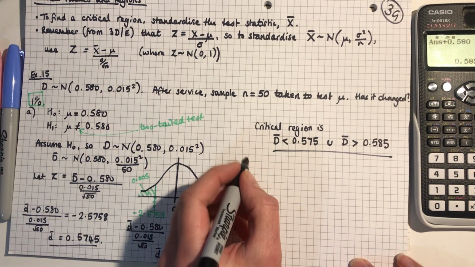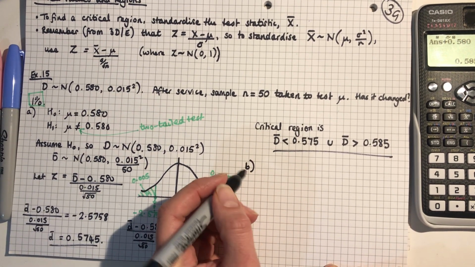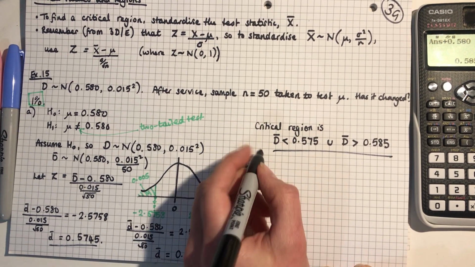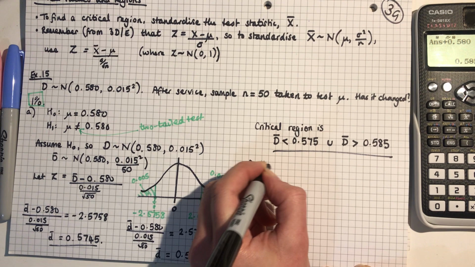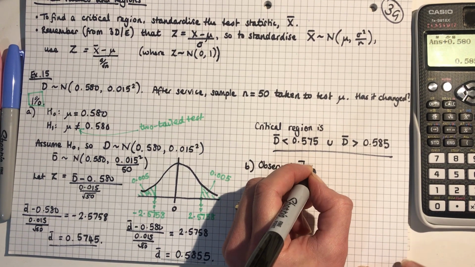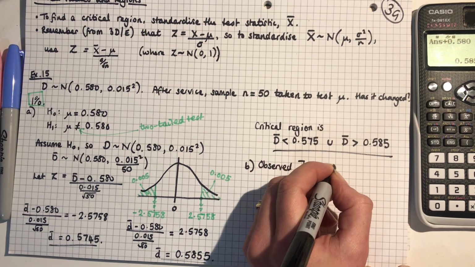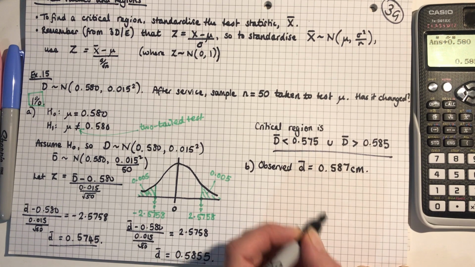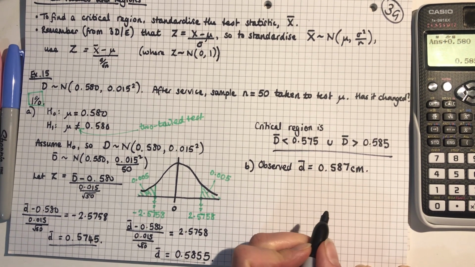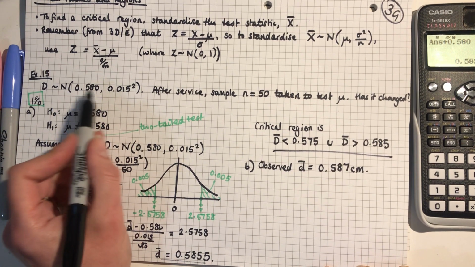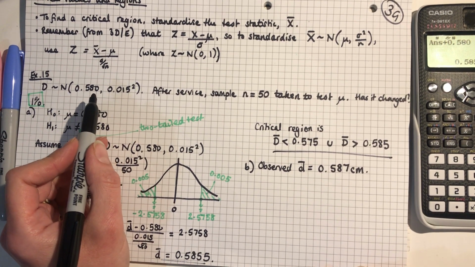Now let's have a look at part B, because in part B it actually tells us that the observed mean of the sample that they take is 0.587 centimetres. And they want to know, does that mean give us enough evidence to think that the overall mean on the machine generally has changed?